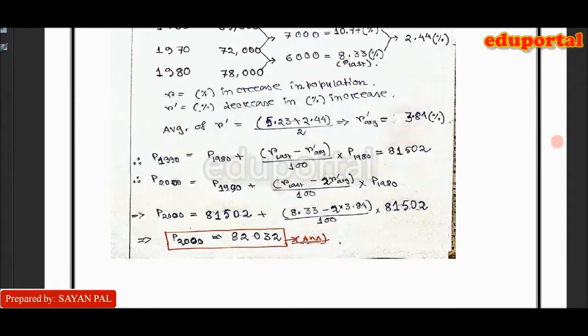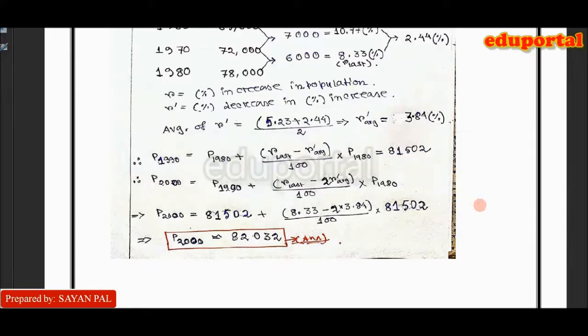Now we will determine the population of 1990. The formula is: population of 1980 plus, r last, meaning the latest percentage increase, minus r dash average, divided by 100, into the population of 1980. If we do this, we will get 81,502.